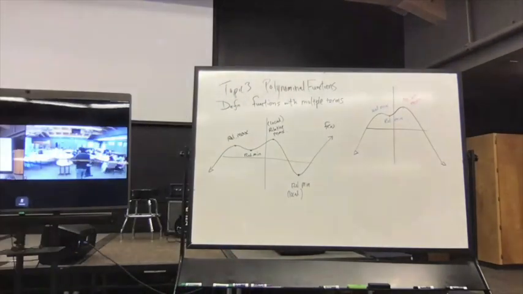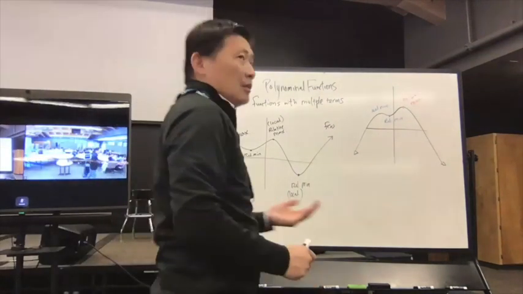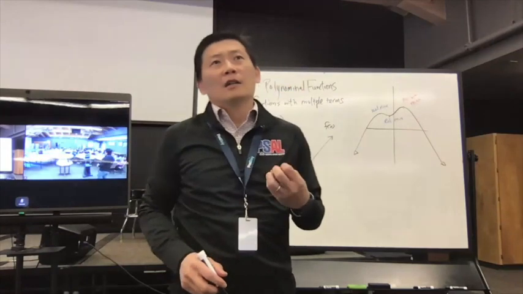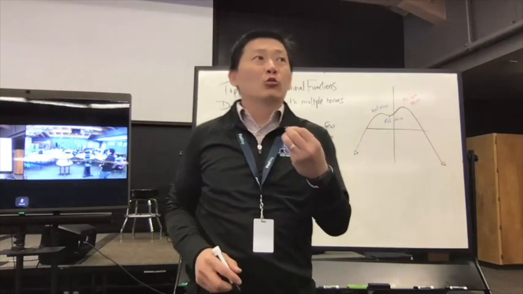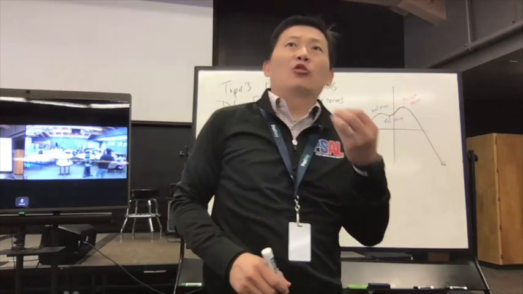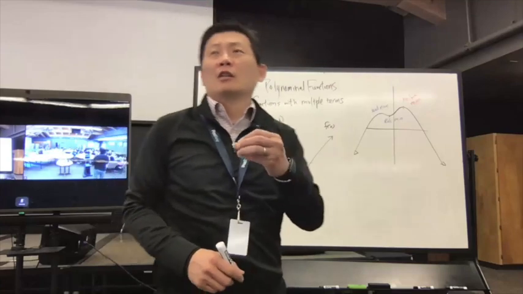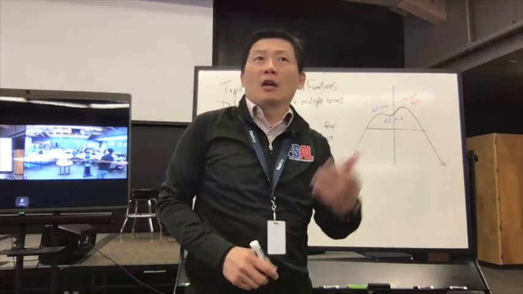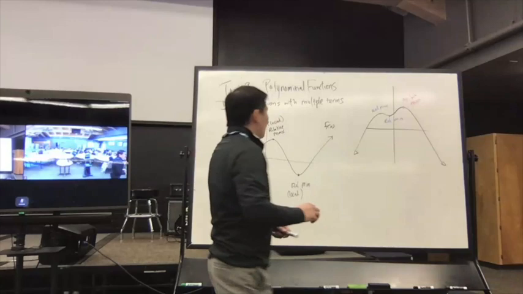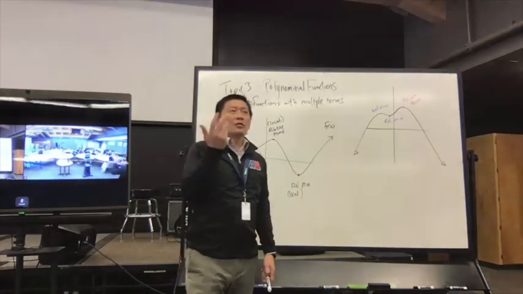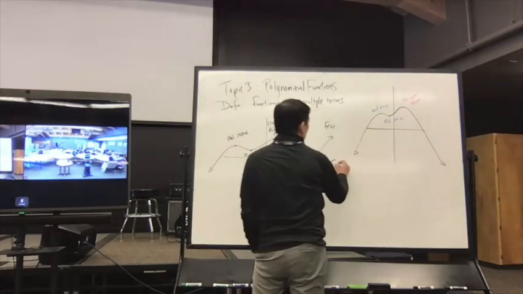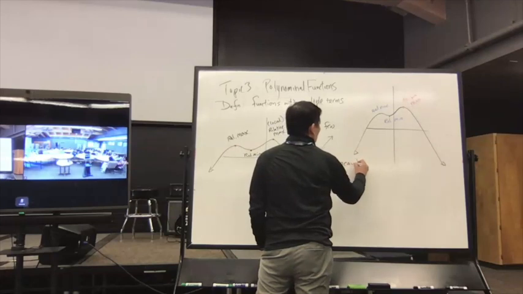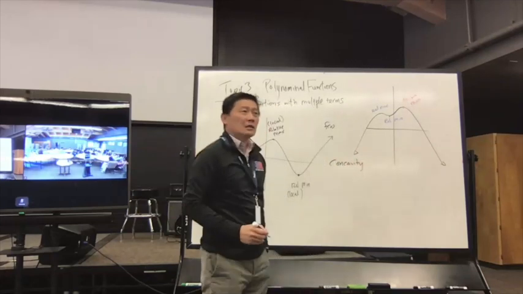Now, there is a concept that usually won't get introduced until calculus, but I'm going to share it with you just so that you can register it ahead of time. There is a term called concavity.